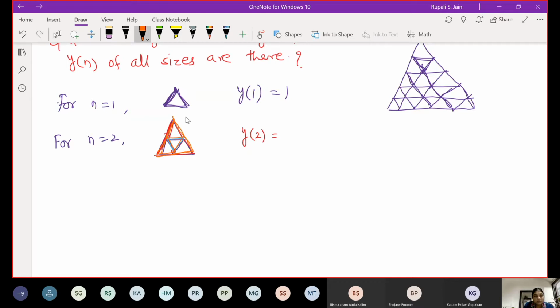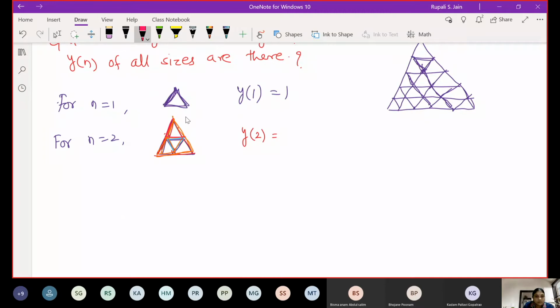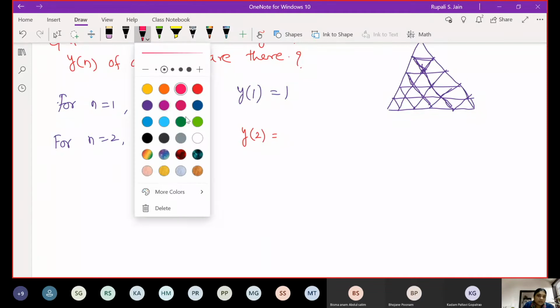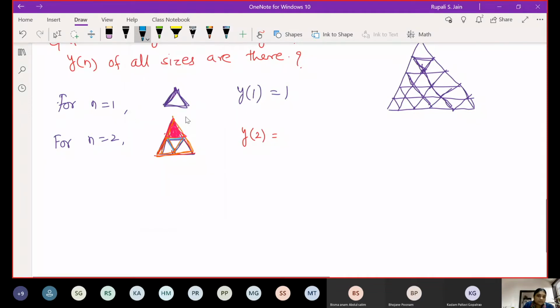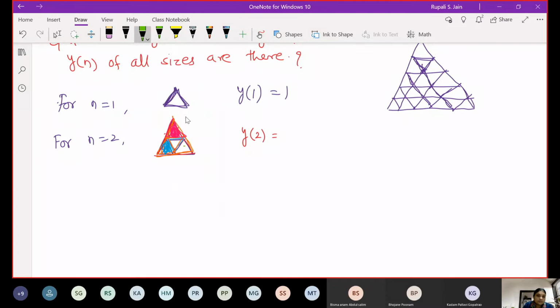Are you getting it? Yes, ma'am. I have to use different colors. Okay, this is one. Another upward pointing triangle is this one. Another one is this one.